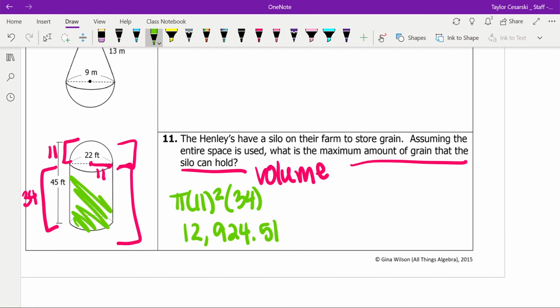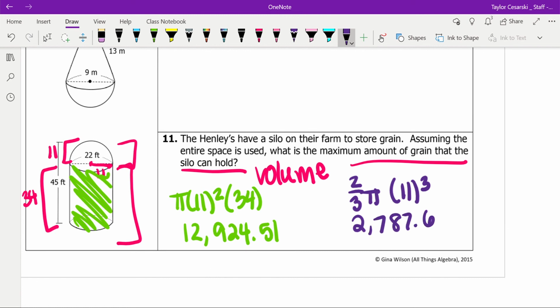That is your cylinder. Next let's do the hemisphere. That's 2/3 pi 11 cubed. When you type that in your calculator, you get 2,787.64. That's not my final answer because that is only my hemisphere.